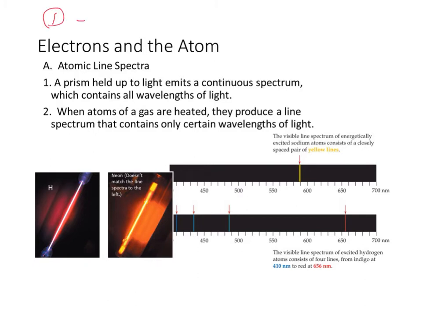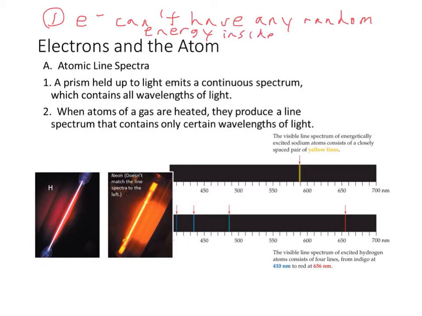1. Electrons can't have any random energy inside an atom.